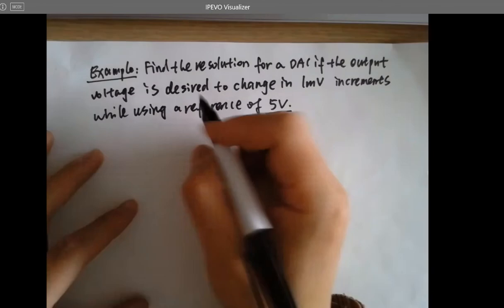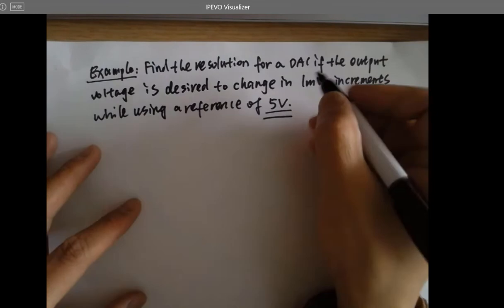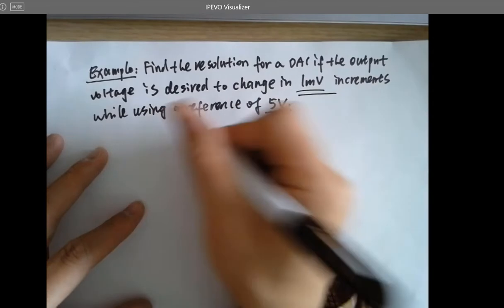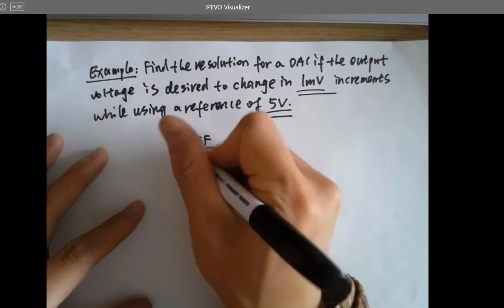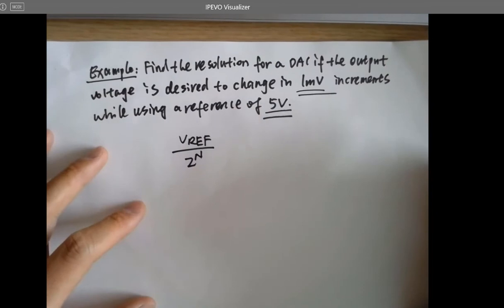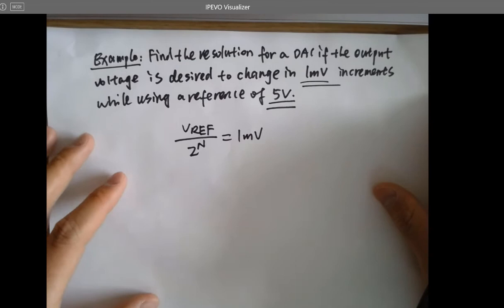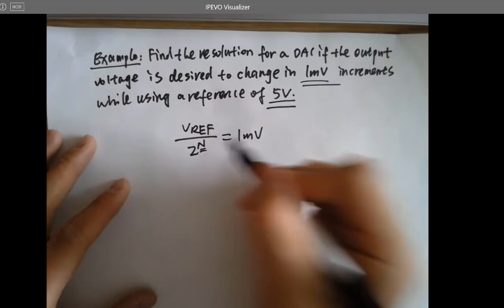Let's do a calculation here. So how do you list the equation? The resolution is 1 millivolt, which means if I use 5 volts VREF over 2 to the n, I should have 1 millivolt at least, right? And so you are calculating n here.